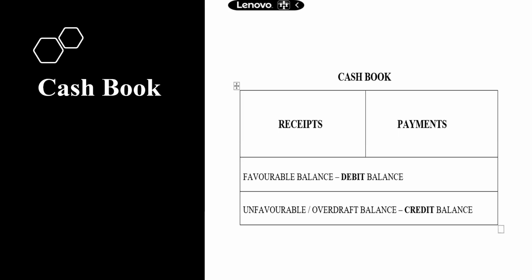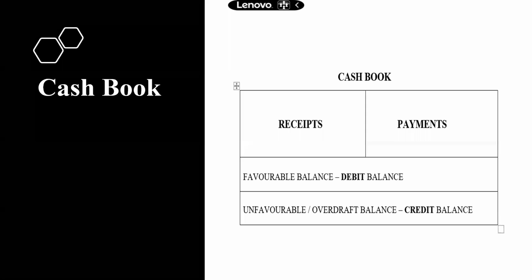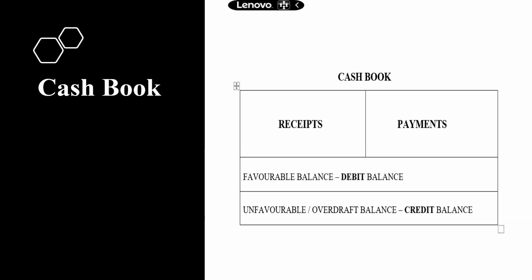So what do I do in the cash book? On the debit side, I take all the receipts of checks. On the credit side, I take all the payments of checks. Right? Is this correct? Debit is all receipts and credit is all payments? Yes or no? Yes, ma'am. Yes. Okay. So that means and I also know the normal balance of a cash book will always be a debit balance.